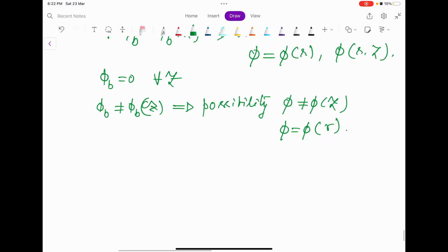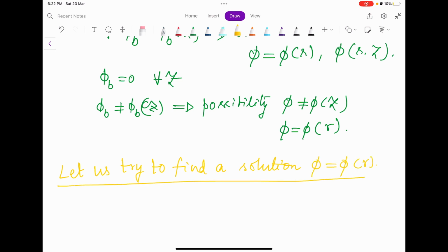So let us try to find a solution phi equal to phi of r, okay, of the following equation. And what will be the equation? Can you guess it?